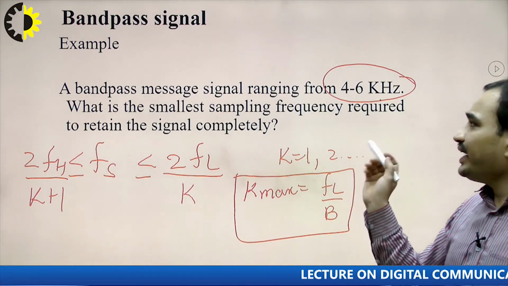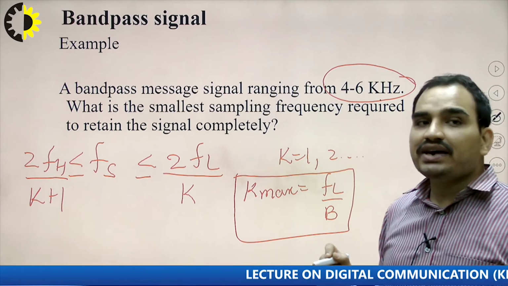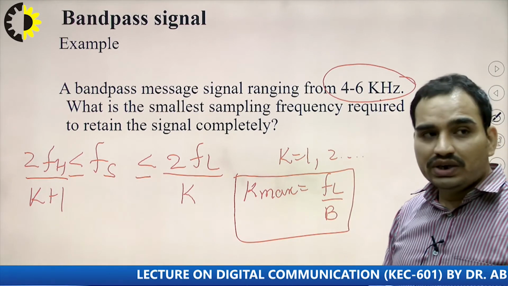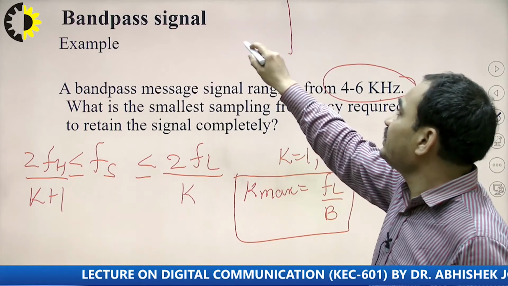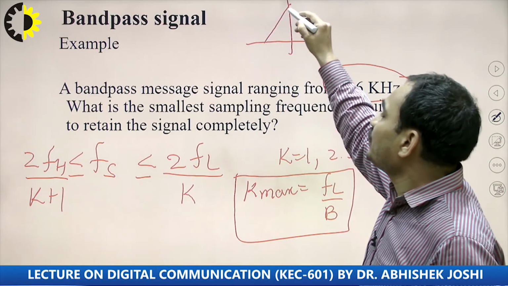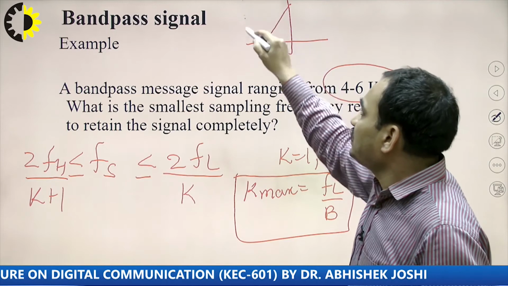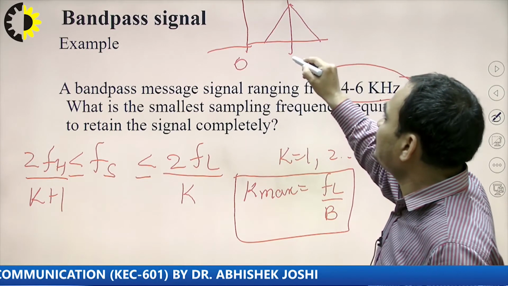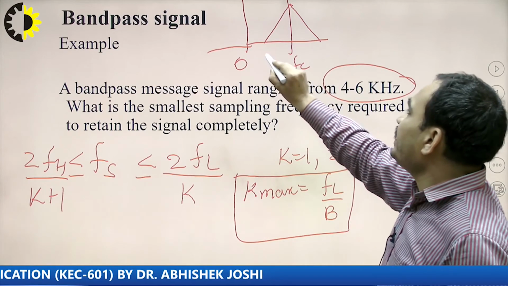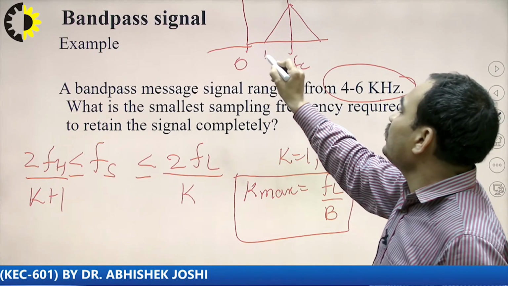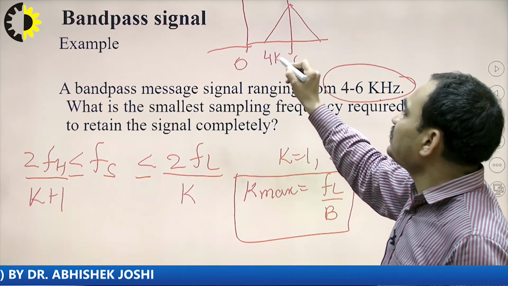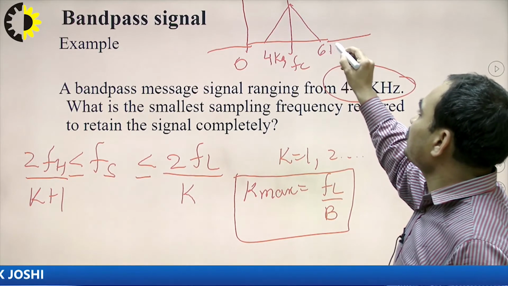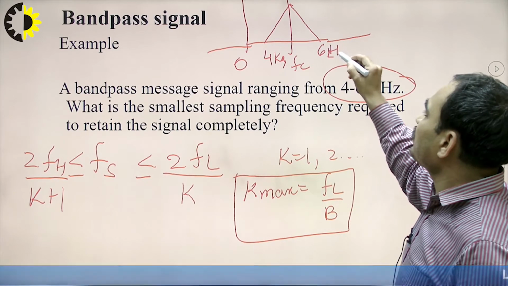Now consider our case. Our case has a frequency ranging from 4 to 6 kilohertz. If we draw it, 0 is here and this is the center frequency Fc, and FL, the lower frequency, is 4 kilohertz and the higher frequency is 6 kilohertz.